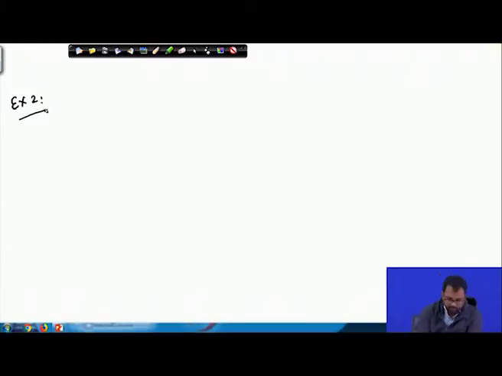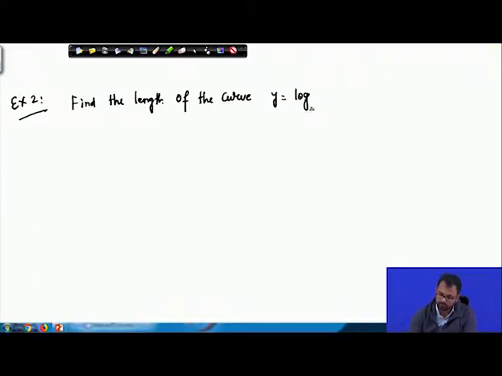It says find the length of the curve y equals log to the base e of (e to the power x minus 1) divided by (e to the power x plus 1), from x equals 1 to x equals 2.